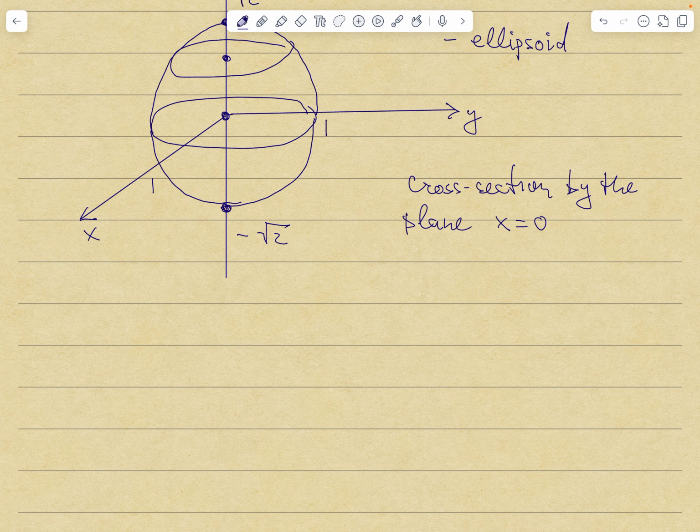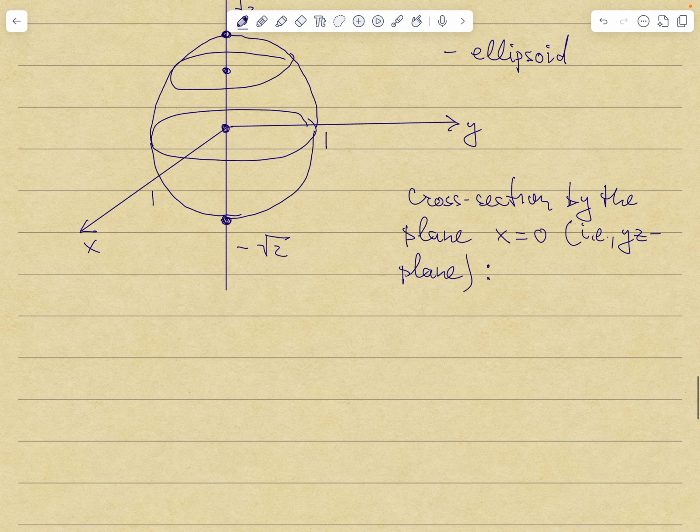So if x is equal to 0, this defines the yz plane. And so what sort of shape will I see if I do this cross-section?